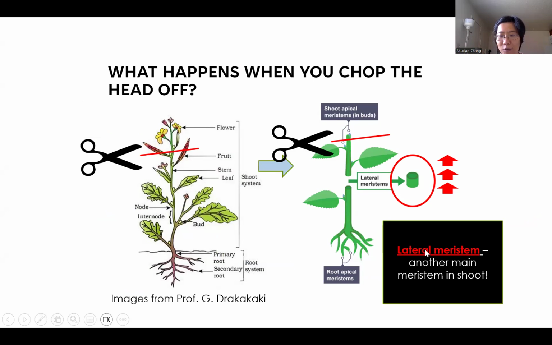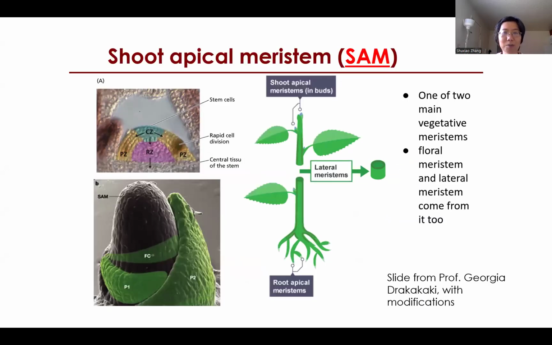And then the lateral meristem can become the main meristem in the shoot once the terminal bud is gone. So the terminal bud is so important in this case, both in terms of being the primary source of growth and in determining whether or not the lateral meristem is activated.